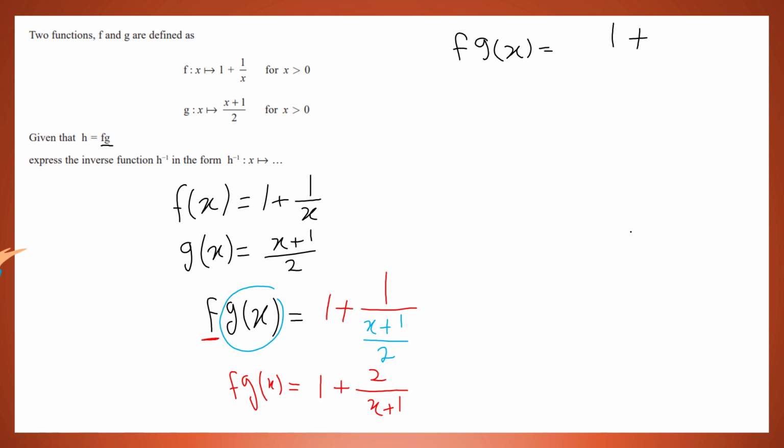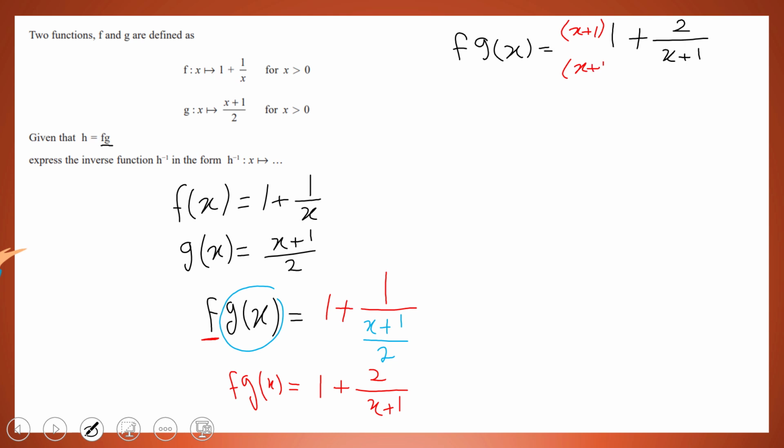x plus 1 over x plus 1. So how do you find the composition as a proper fraction? Let's copy what we reached there. It's 2 over x plus 1. So I multiply the 1 by x plus 1 up and x plus 1 down.